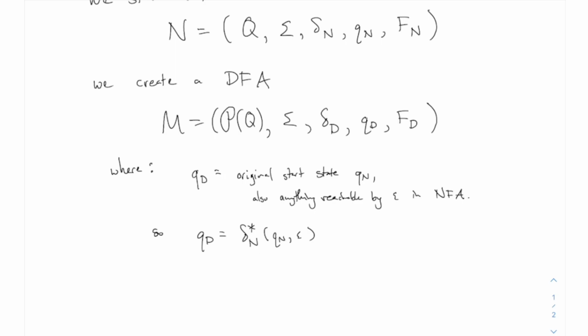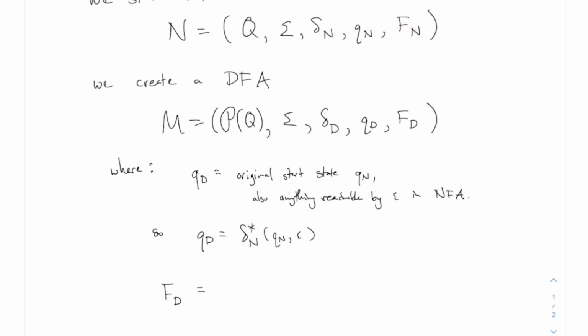What is the set of accepting states? Can anyone say in words how you decide, when you have all your subsets, which ones are accepting? Yeah. Any subset that contains an element that was accepted by the NFA. Yeah, right. So it's any one of these subsets which contains one of these elements, something from Fn.